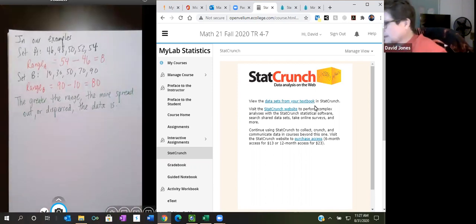Now, is the range resistant? Remember, we talked about resistant. Resistant statistics are not affected by outliers. If we had set A, and we're talking about math students, and all of a sudden Professor Jones is one of those math students, and you know Professor Jones isn't happy with less than a 98%.